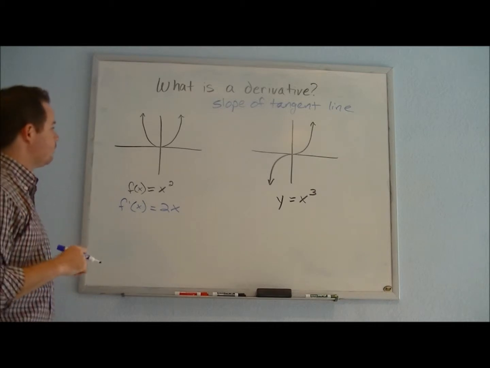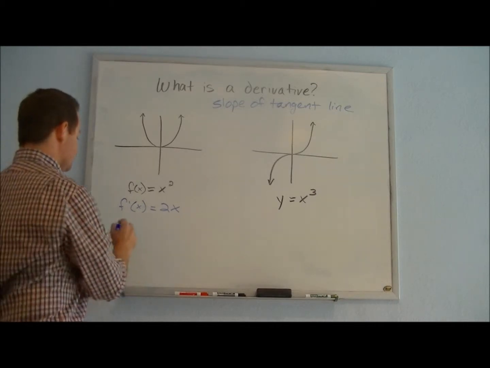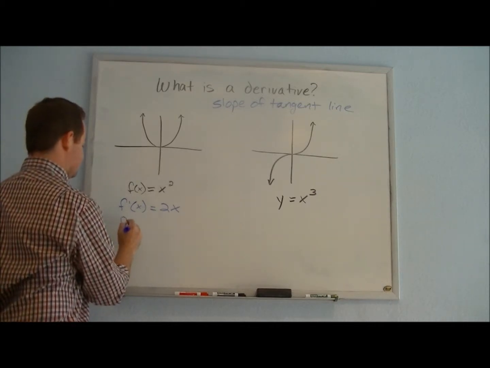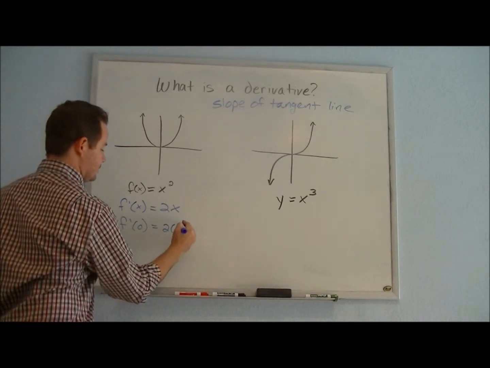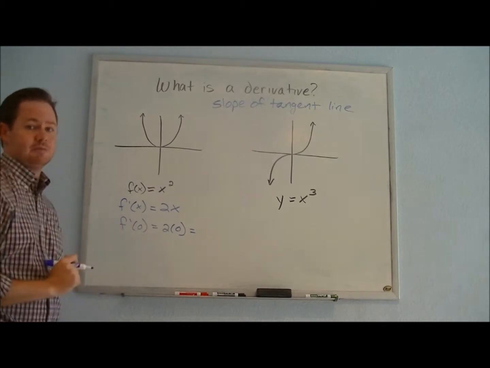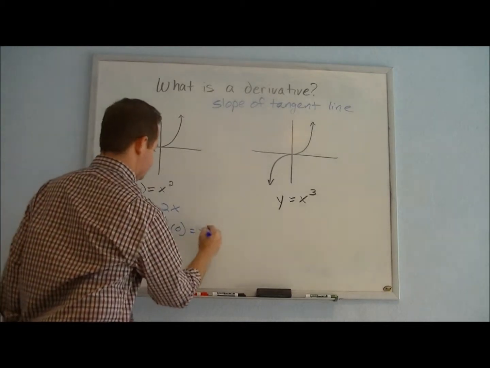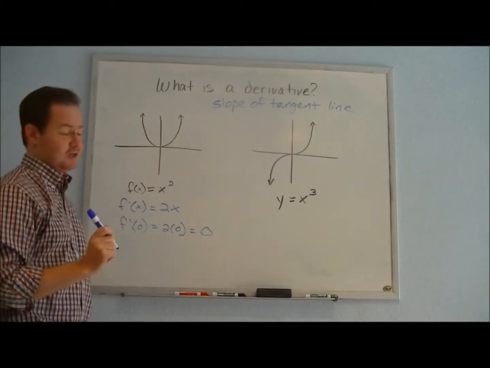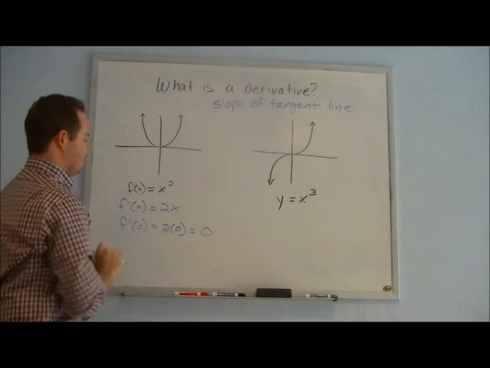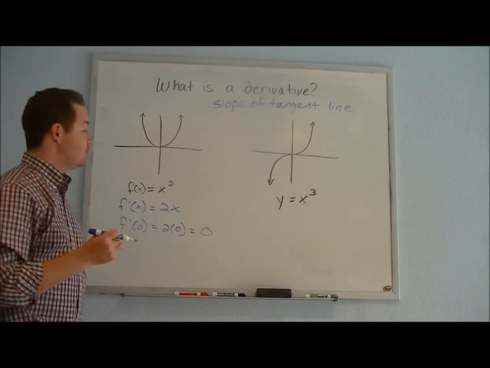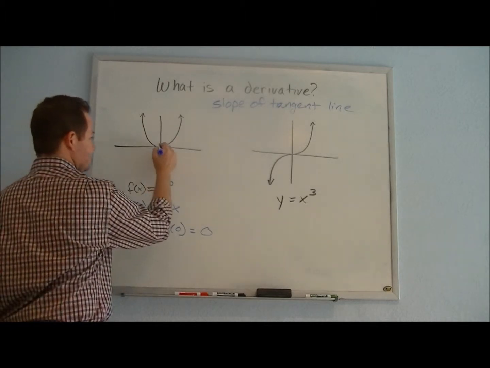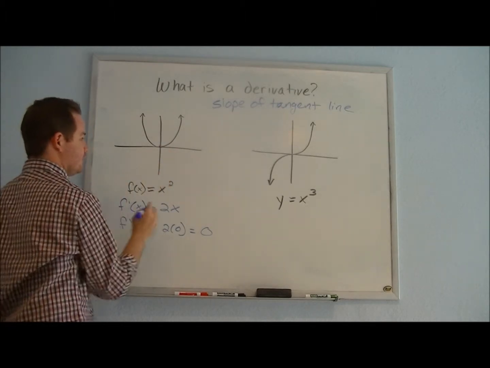To show you how that works, if we pick a couple points, let's say we plugged in 0 for x. So the derivative at 0, when we do 2 times 0, anything times 0 is 0. Hopefully if we're calculus students, we know that already. So that would give us a 0 as our value. And if we look at the slope of our tangent line at that point, x equals 0, we're talking about right here at the origin.